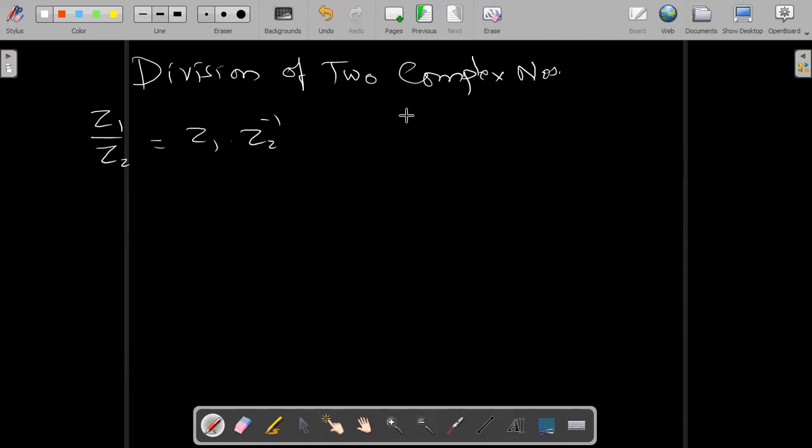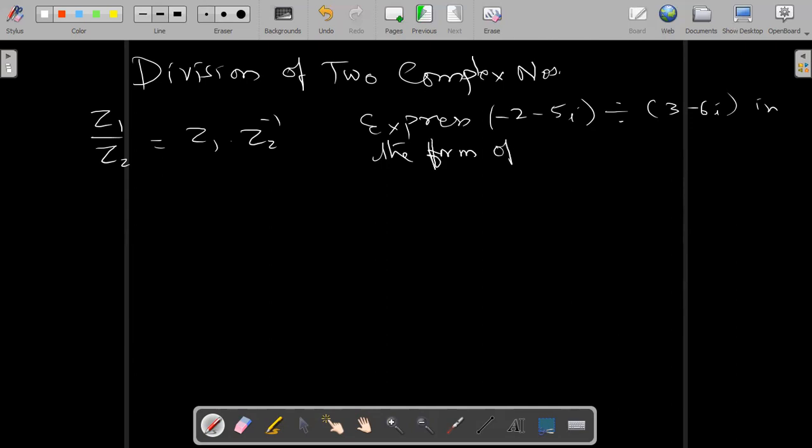For example, suppose the question is to express minus 2 minus 5 iota divided by 3 minus 6 iota in the form a plus iota b.